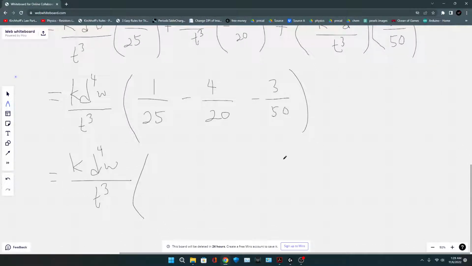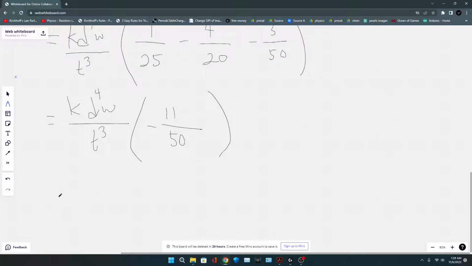Okay, ni tekan calculator nanti dapat. So it should be 1/25 minus 4/20 minus 3/50. So jawapan dia would be negative 11/50. Okay. Tapi tak habis lagi sebab dia nak dalam percentage.